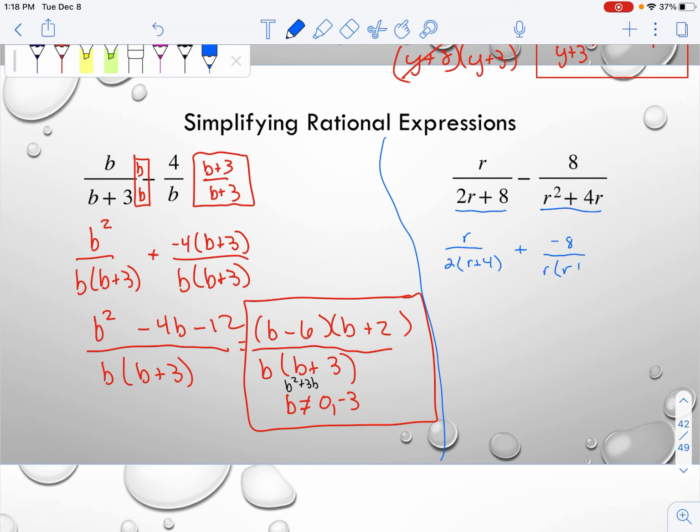Pull a greatest common factor of r out. So if we look at this, I already have a common factor of r plus 4. All right. So the only thing I have to give the right one is the factor of 2. And the only one I have to give the left side is the factor of r. Okay, so now both my denominators would be 2r times the quantity r plus 4.